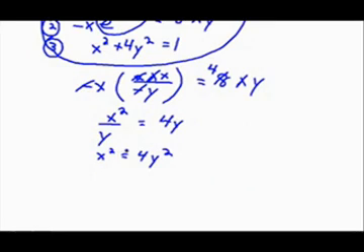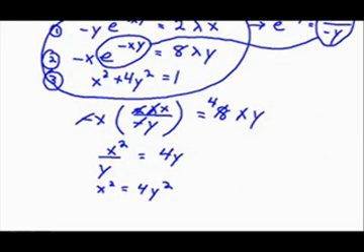And so that's good news. You've reduced the system of equations, just using the first 2 equations, into one equation involving both x and y. And then finally, you can plug in to the third equation.